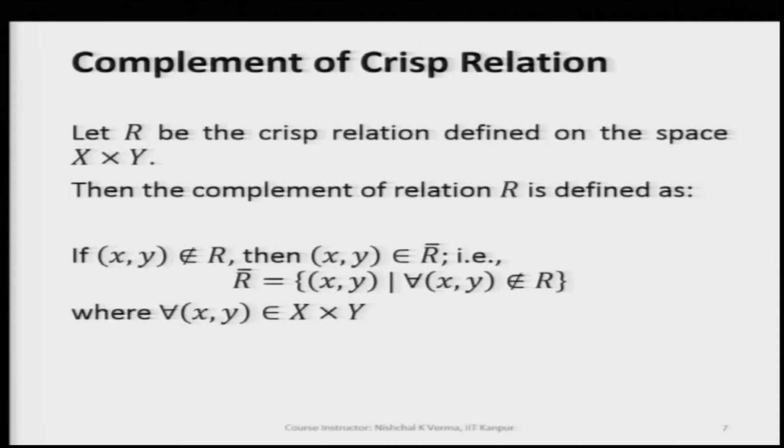It is very easy to understand that we will include all the ordered pairs which are not in capital R, and all the ordered pairs means all the ordered pairs that exist in the Cartesian product space. This way we have understood the complement of a crisp relation.